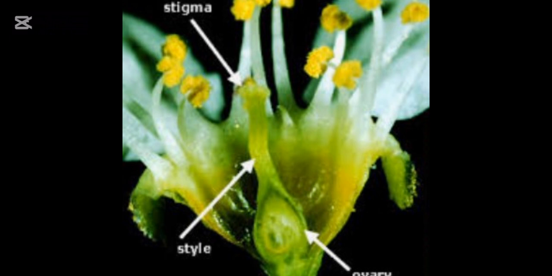Style connects the stigma with the ovary, and ovary contains ovules. So what is its function? Its function is that after fertilization, means the sexual reproduction, the ovary swells up and changes into fruit, and the ovules change into seeds when the male reproductive cells are mixed with the ovules.